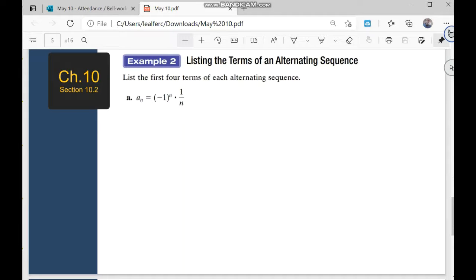Let's say we have the term a n equals this expression here, negative 1 exponent n times 1 over n, right?